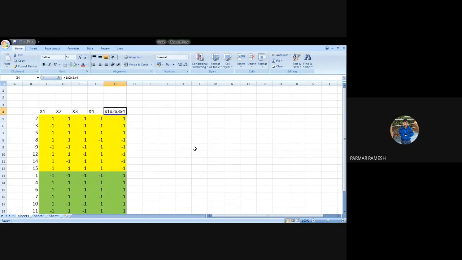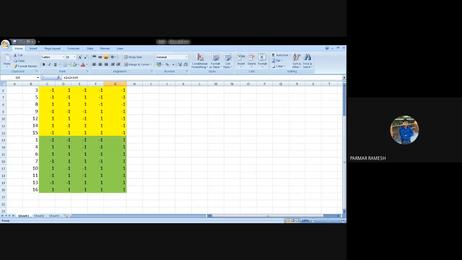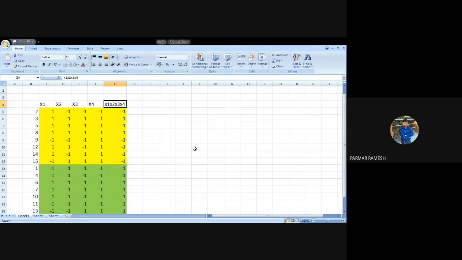If you look at this, 1, 2, 3, 4, 5, 6, 7, 8, 9, etc., half the experiments are in the first half, the rest are in the second half. And if you look at the levels of each factor closely, you can find that each factor assumes the -1 value 4 times and the +1 value 4 times. Let me color them differently.